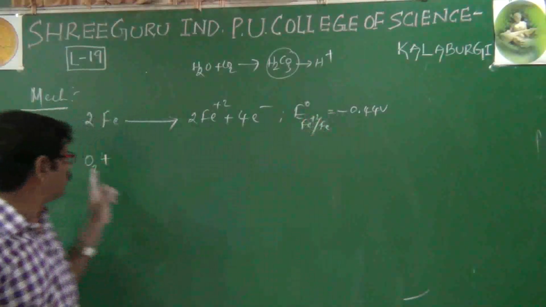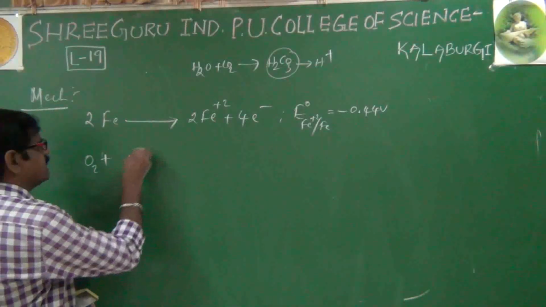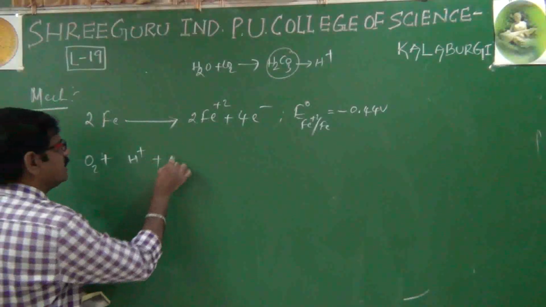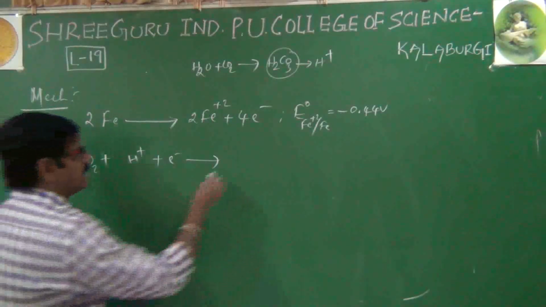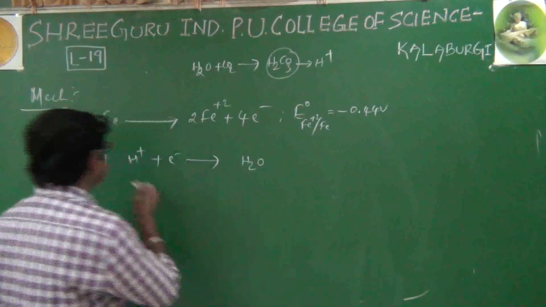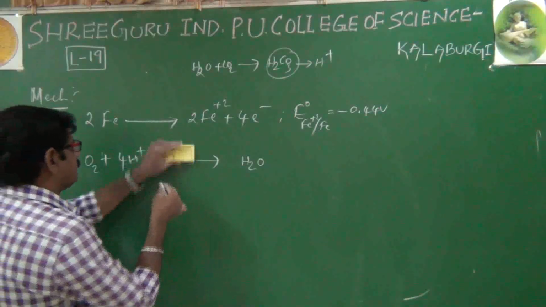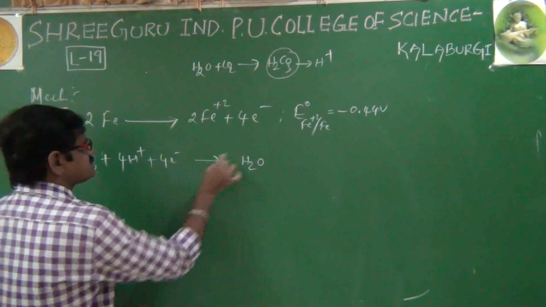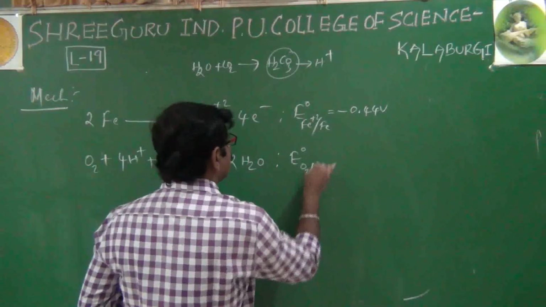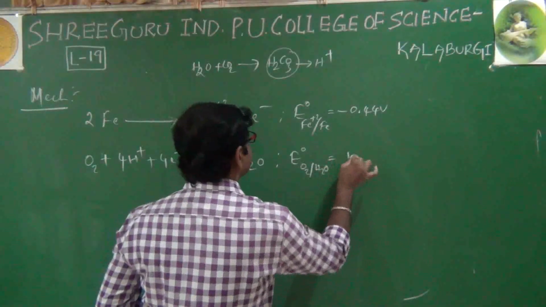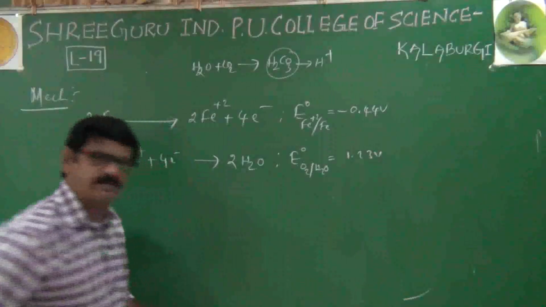That's why O2 in the presence of H plus undergoes reduction because its SRP is more, and you will get H2O. For balancing purpose we write 4 H plus, 4 electrons gives 2 H2O. And it's already known to you, E naught O2 oblique H2O value is 1.23 volts.